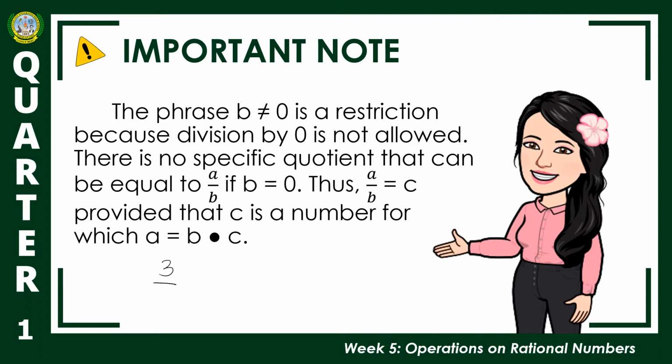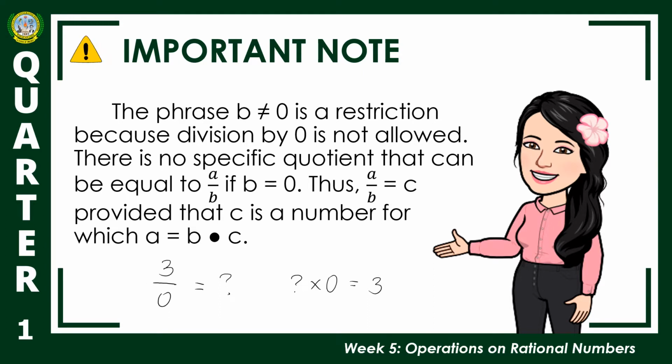3 over 0. So, there is no such number po that when we multiply by 0, we will get 3 because we know that any number multiplied by 0, the product will be 0.